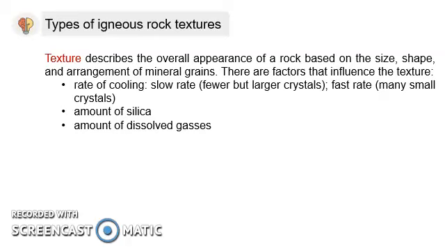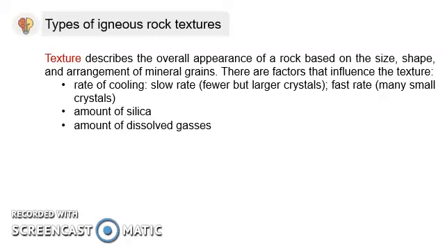Next, different types of igneous rock textures. This is the second property for igneous rock, texture. Texture describes the overall appearance of a rock based on size, shape, and arrangement of mineral grains.